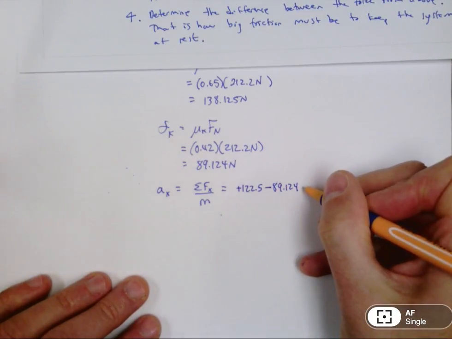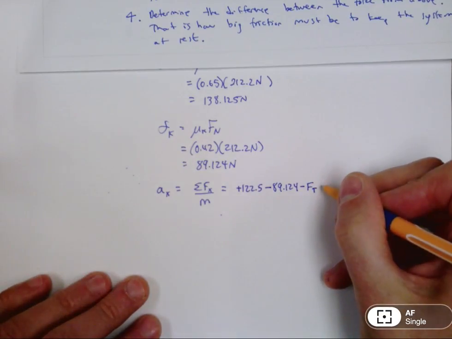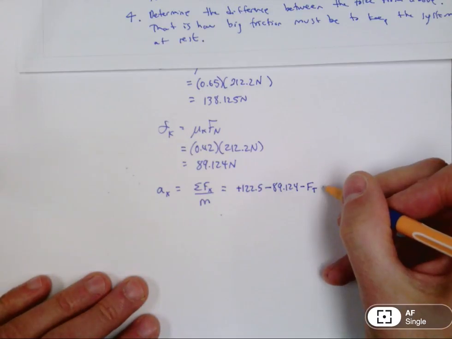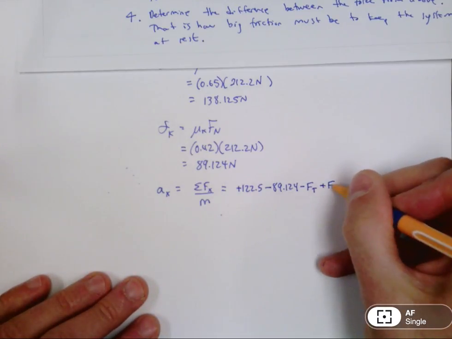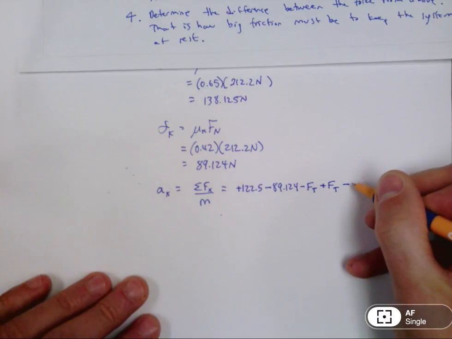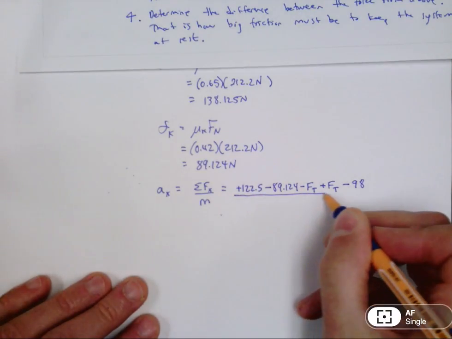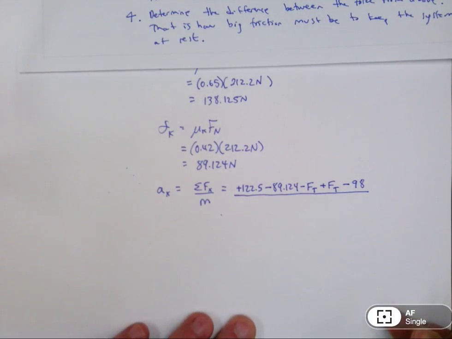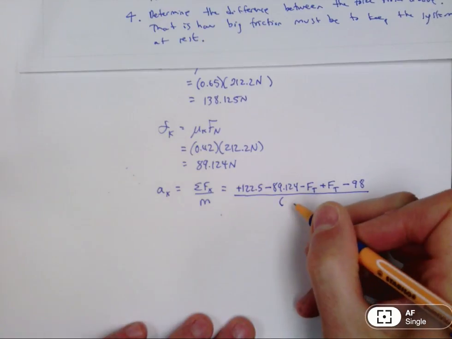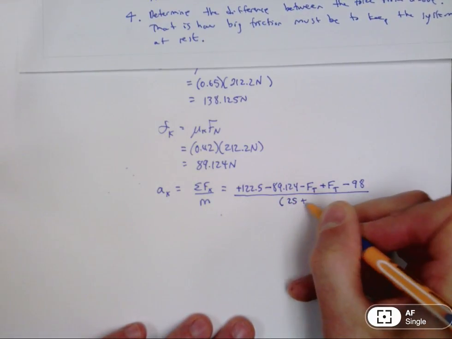I have a tension force on the one that's on the incline of negative Ft. I have a tension force on the hanging one that's positive Ft. And finally, I have a gravity force on the hanging one of 98. Those are all of the forces on both objects in the system, all added together, which means I have to add their masses together, which would be 25 plus 10.